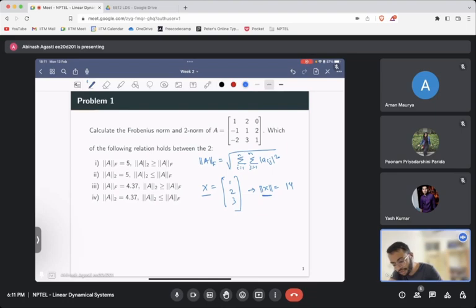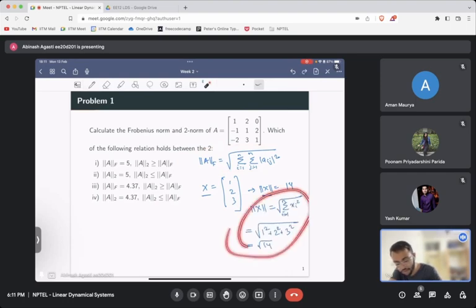Now, as you can see, this formula for the Frobenius norm is nothing but the generalization of the formula that we had for the standard n dimensional vector.